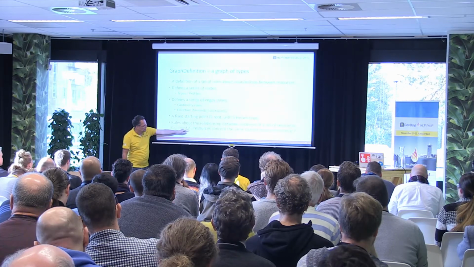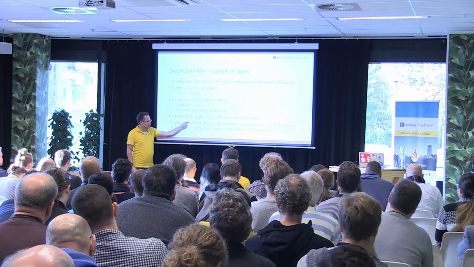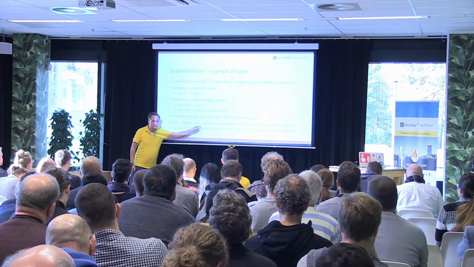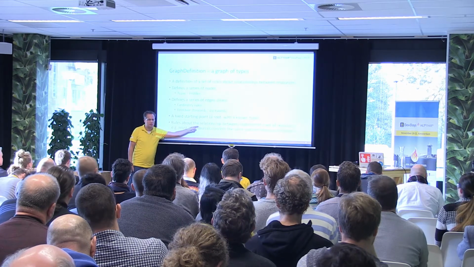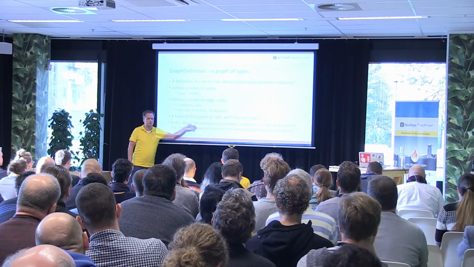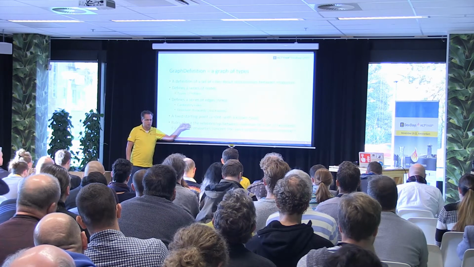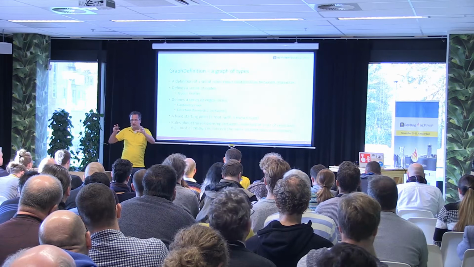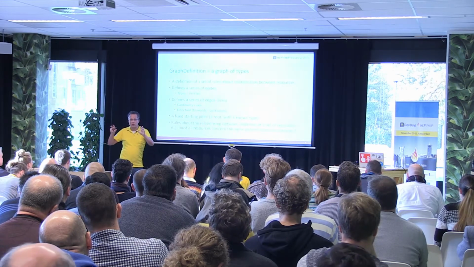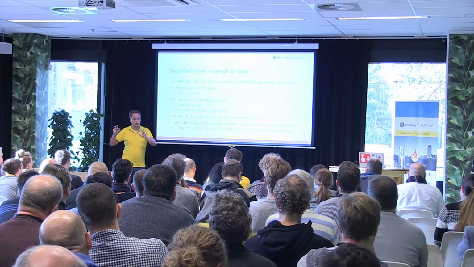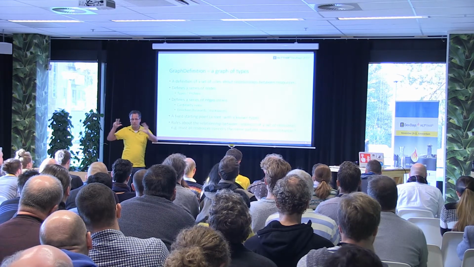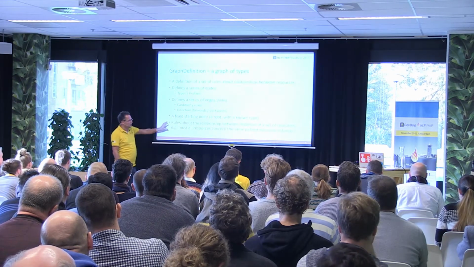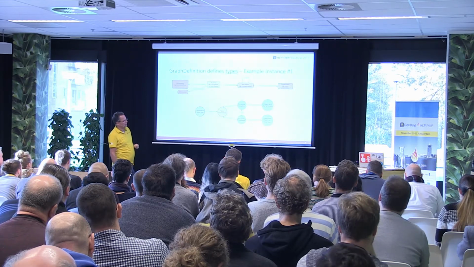Plus, and here we get to the thing again, you need rules about the relationships between the instances of the resources that you're going to implement. When you implement this graph definition, you need rules to state, yeah, I have the relationship between the types, but at the end of the day, this graph shall only contain one patient resource in the instance of this graph. So there are instance-oriented rules.